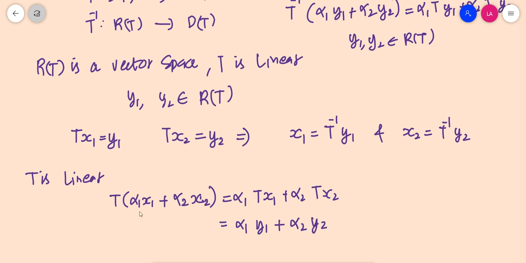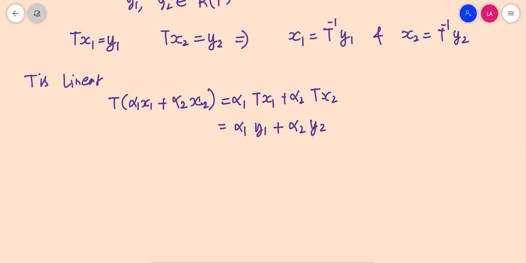So T of alpha 1 x1 plus alpha 2 x2 is alpha 1 y1 plus alpha 2 y2.